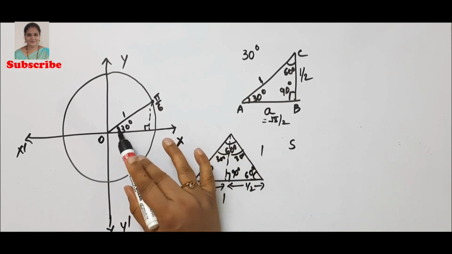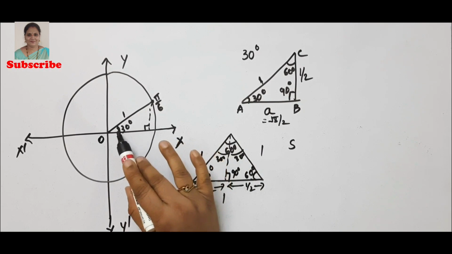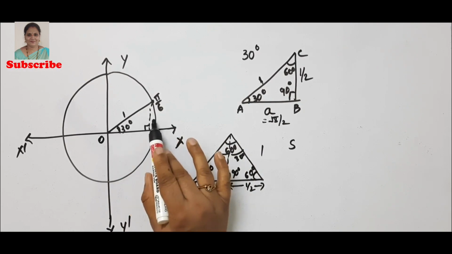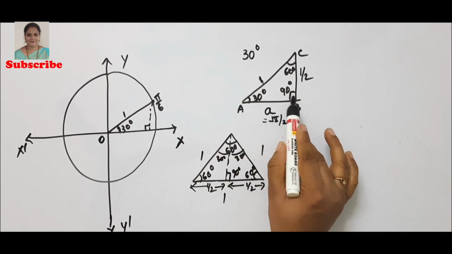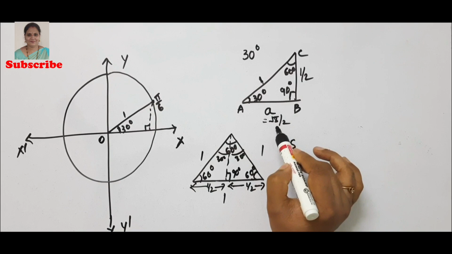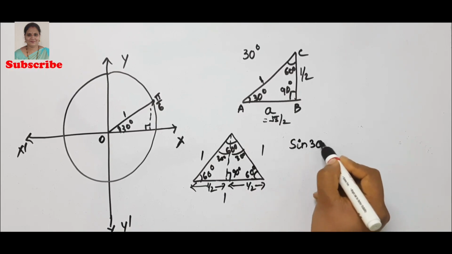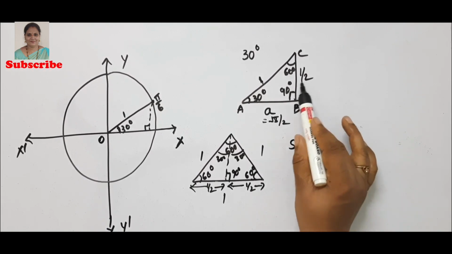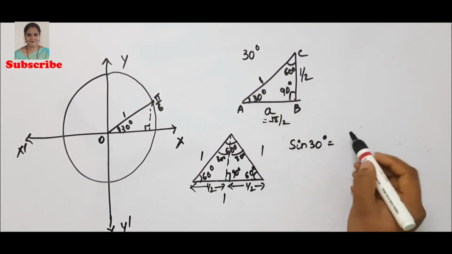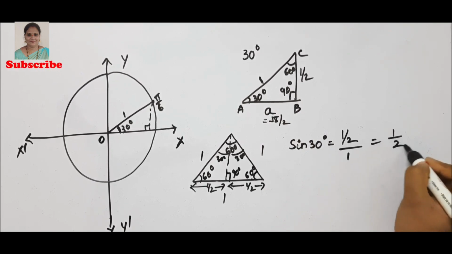The side which is opposite to theta is the opposite side, and the side opposite to 90 degrees is the hypotenuse, and this is the adjacent side. So sine 30 degrees is opposite side by hypotenuse, which is 1 by 2 by 1, equal to 1 by 2.